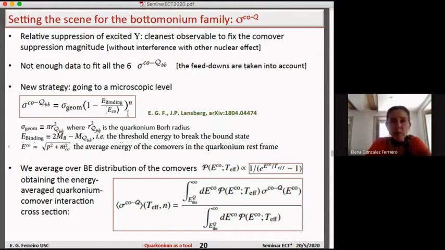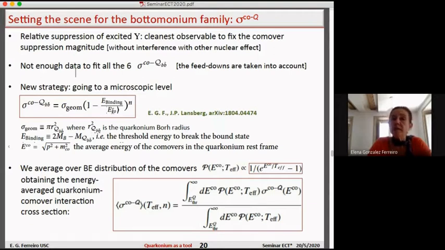And we put here also the binding energy of the quarkonium state, which corresponds to the difference between the open heavy state and the quarkonium state, and also the energy of the comovers.